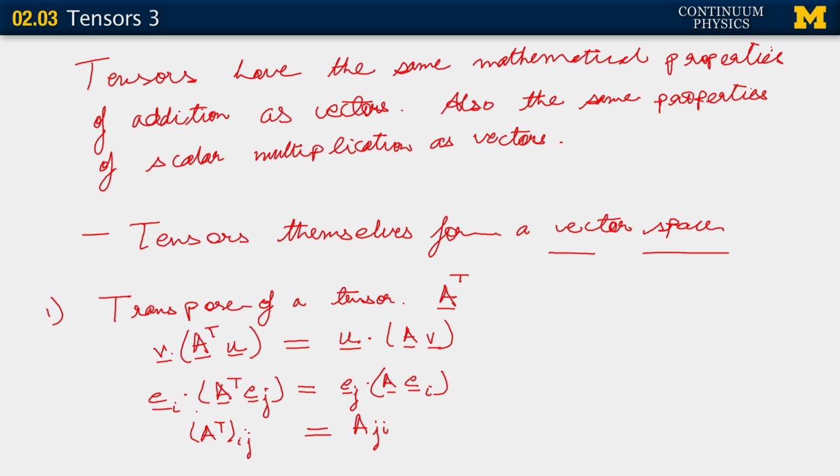So EI dotted with A transpose EJ is the IJ component of A transpose, which is just the JI component of A. This is what we mean by the transpose of a tensor.